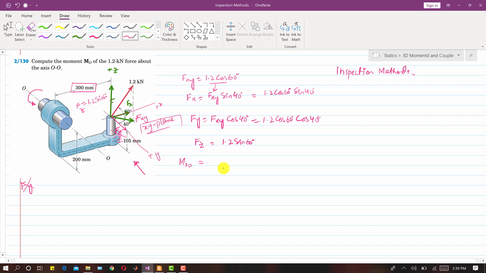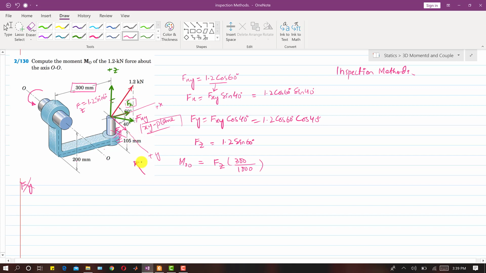So f of z into 300, so 300 mm, divided by 1000 to get the answer in Newton meter, right?